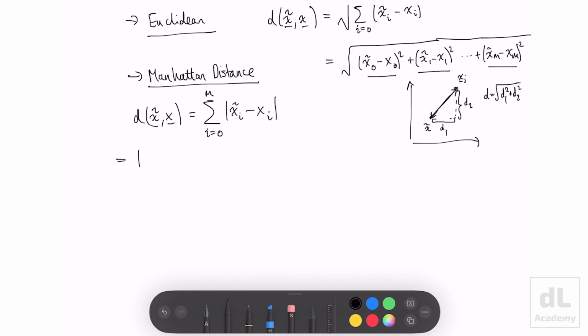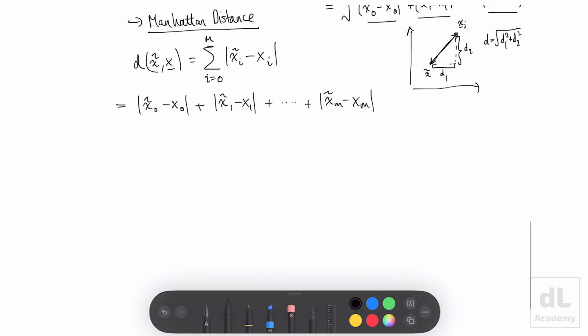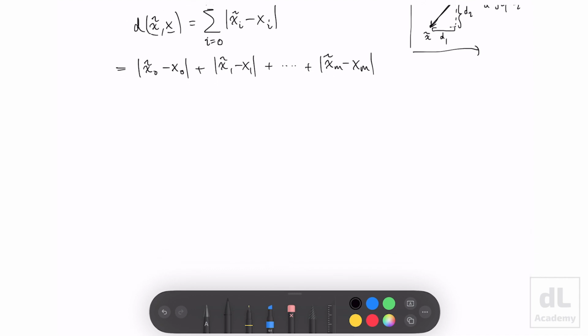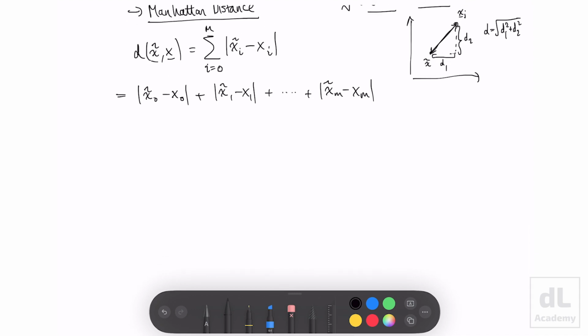And so writing this out, this will be x tilde 0 minus x0 plus x tilde 1 minus x1 all the way up to x tilde m minus xm. Okay, and so in this case, we just take literally the differences between the values, and whether they're positive or negative, we make them positive. So this thing's just the absolute value, and then we just add them all up. It's just a different type of distance, slightly different in its behavior, but you know, a similar effect. There's not much difference between Euclidean distance and Manhattan distance.